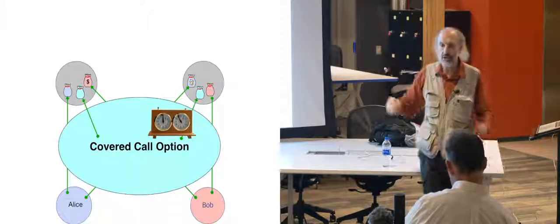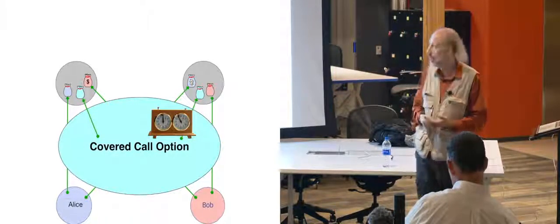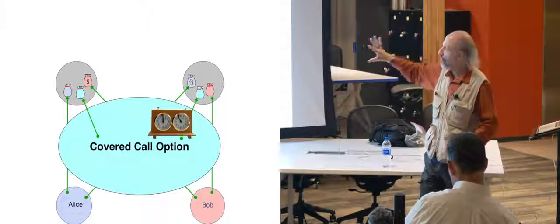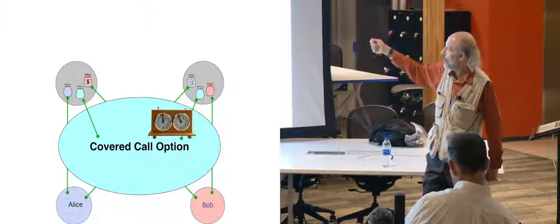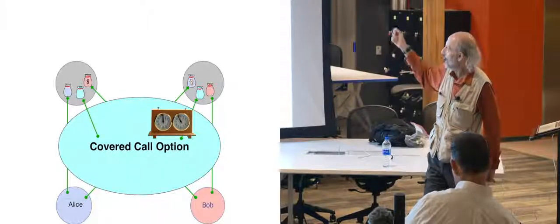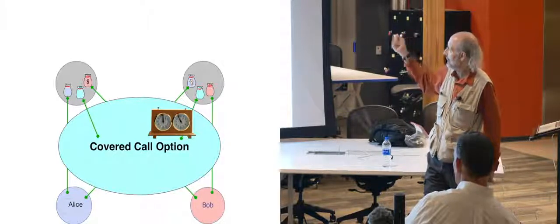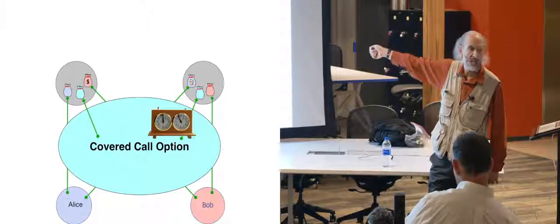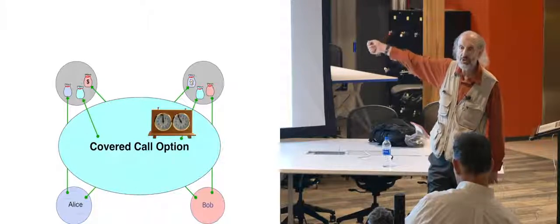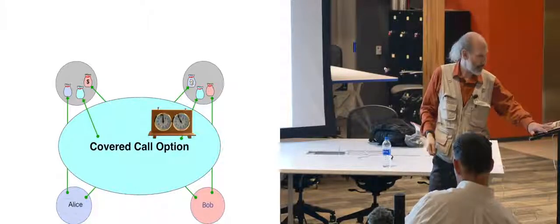In the escrow exchange, Alice and Bob could cancel at any time. The covered call is built out of the escrow exchange primarily by the pre-escrowing of the tickets and by taking the cancel ability and putting it in the game clock rather than giving it to Bob. So until the deadline, Bob cannot cancel.